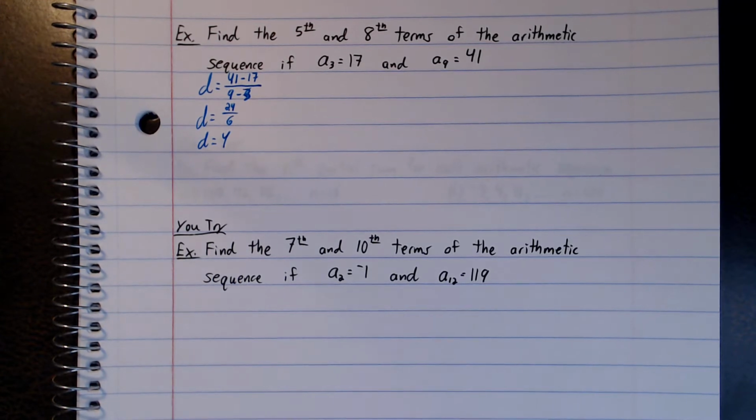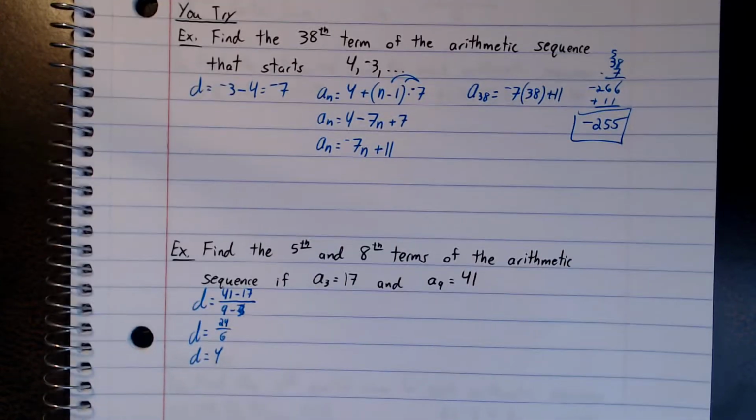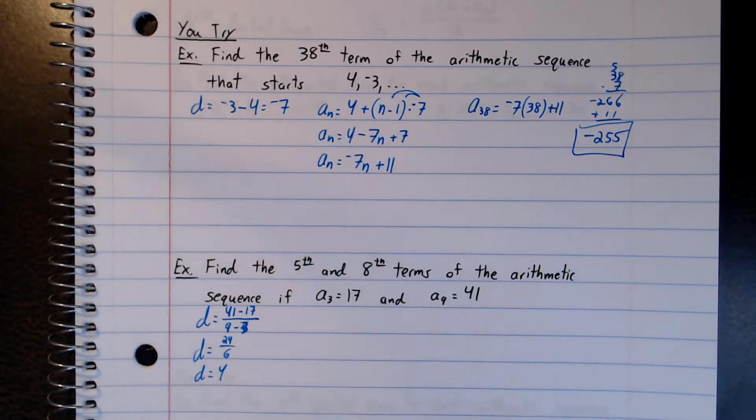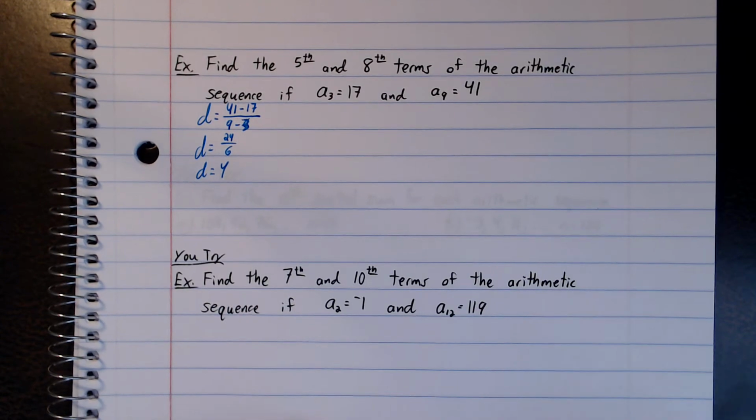But we still have the problem that they want the 5th term, and they didn't give us the first term. And if you remember, the formula we used up here required our first term. So we're going to have to cheat a little bit.